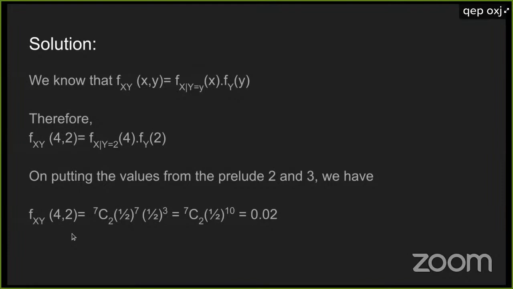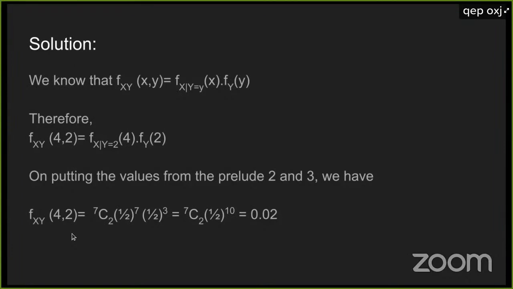Already we have been given that y equals 2, and we have to find the number of heads, like for x equals 4, it was easier, right? We can easily understand, and sometimes it is very easy to find the conditional density instead of the joint density. So this is a type of question where it was easier for us to find the conditional density.